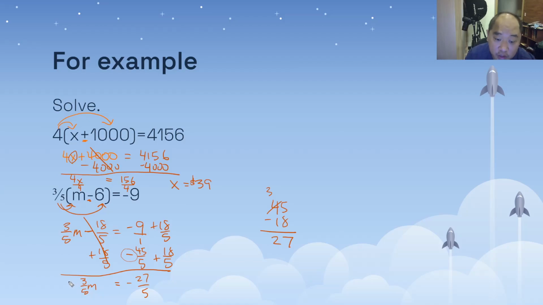And then we're going to multiply both sides by 5 over 3. Multiply by 5 over 3. And this m is equal to negative 9. Can you see that? Negative 9. It's negative 9. Okay.